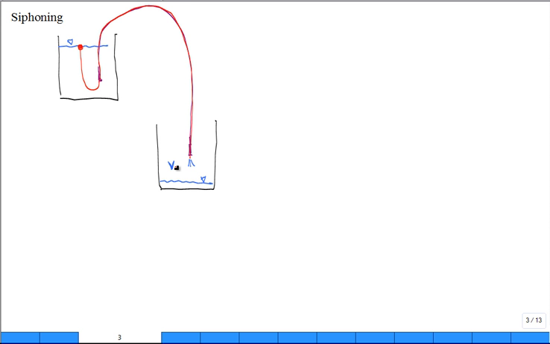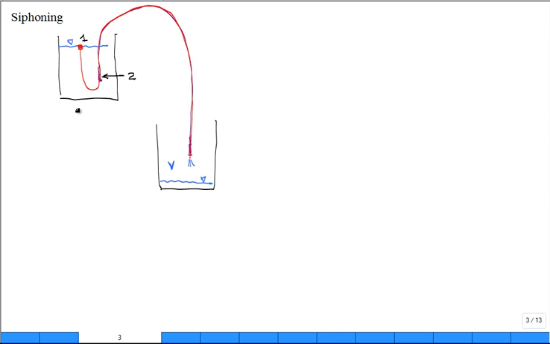So that's our streamline. And we want to introduce states along that tube. Indulge me, I'm going to call this state 1. I'm also, for discussion purposes, going to call point 2, location 2, just inside the tube that's submerged. It's just inside the beginning of that tube.